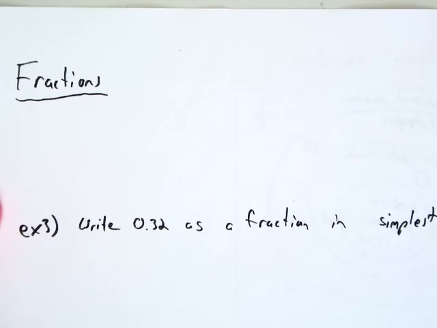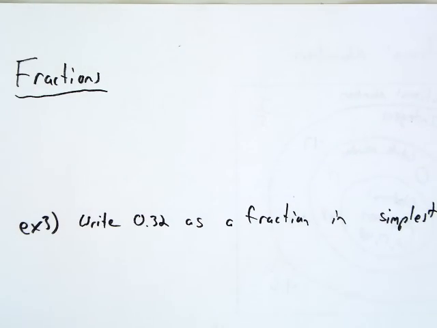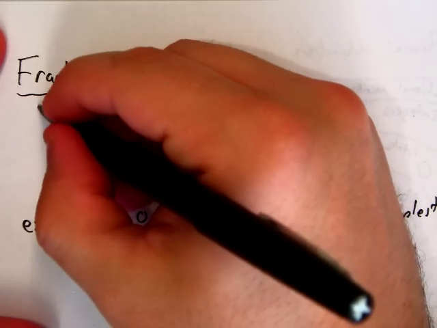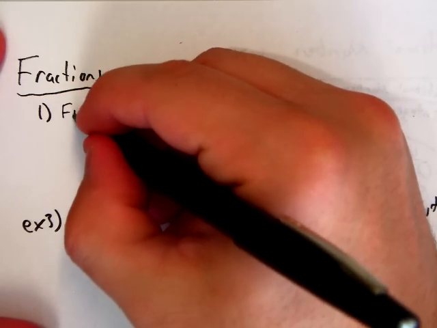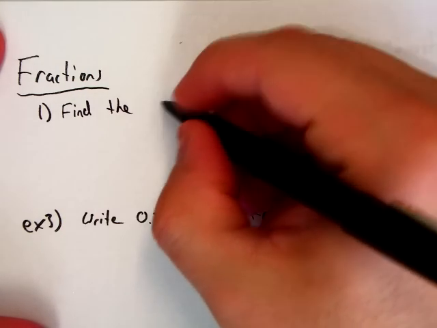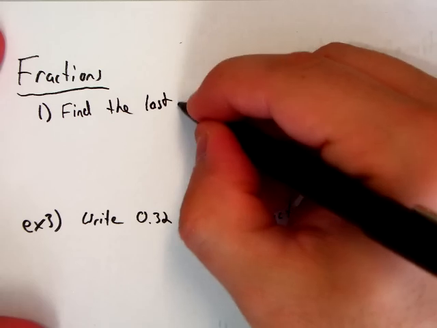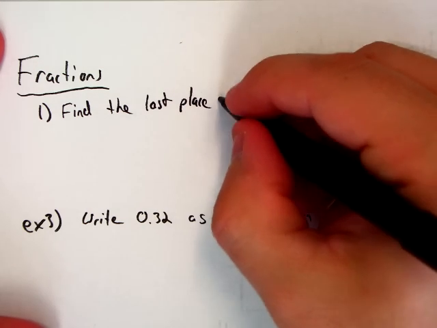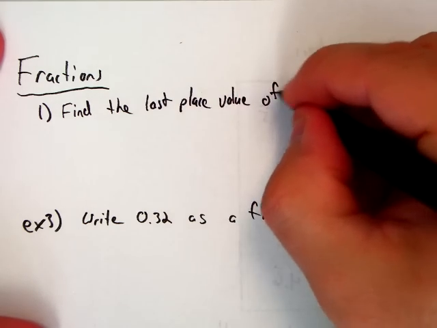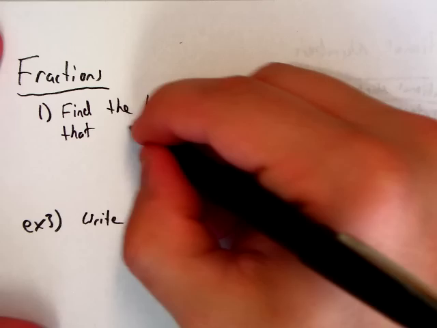Now, if we have decimals and we want to write them as fractions, there are a few things we have to do. One is we have to find the last place value of that decimal.